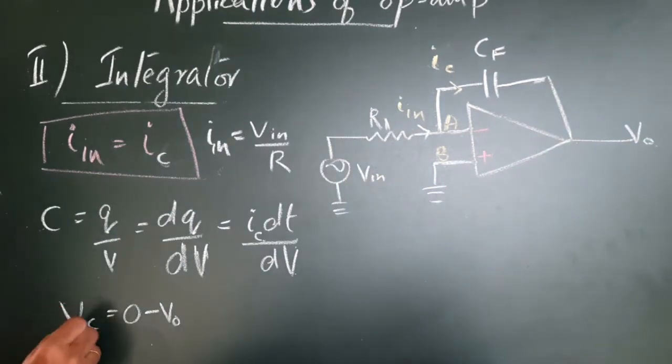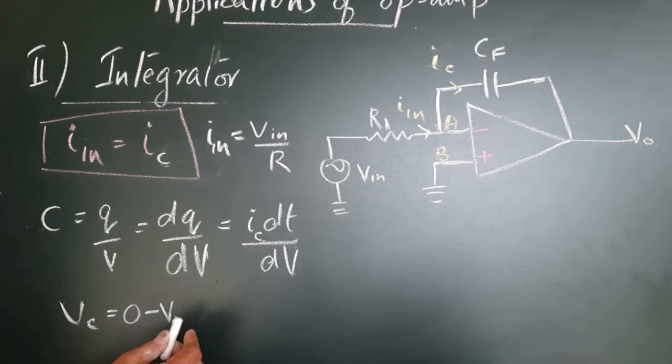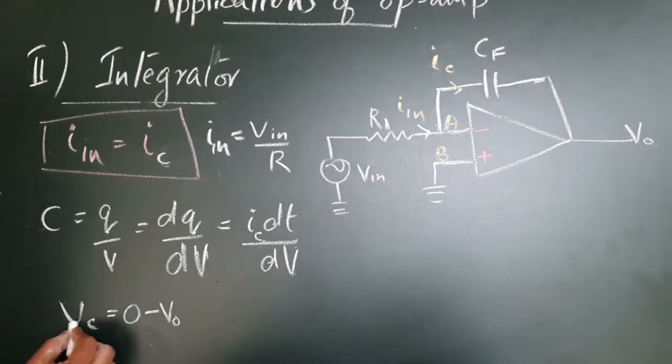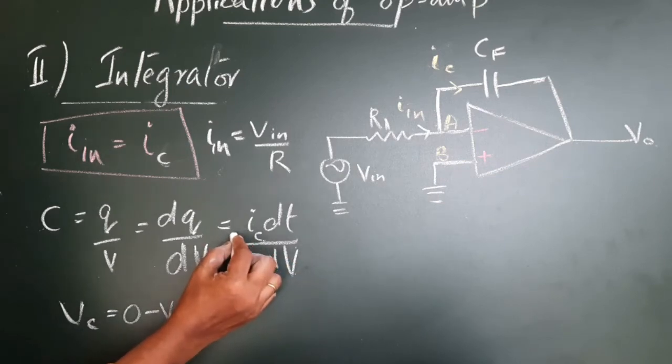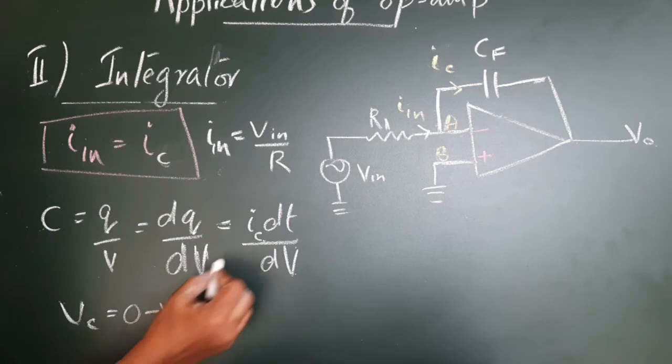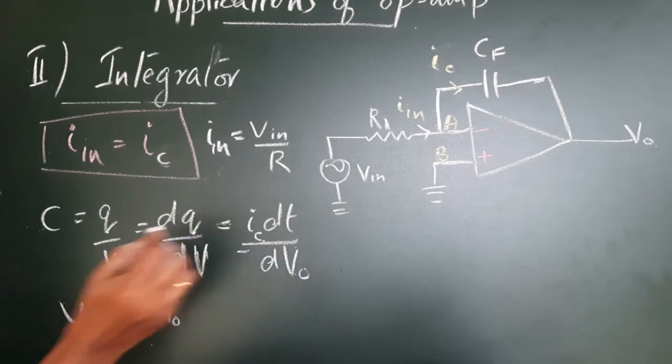So voltage across the capacitor equals 0 minus V out. So we can use that concept. So Vc is, there is a minus sign for this, so it is minus dV0.